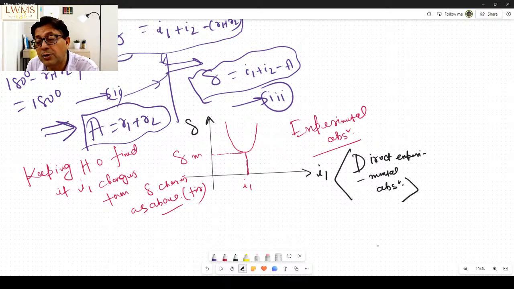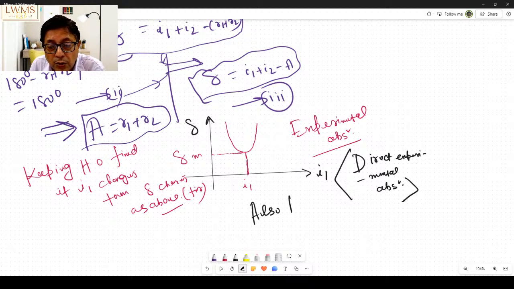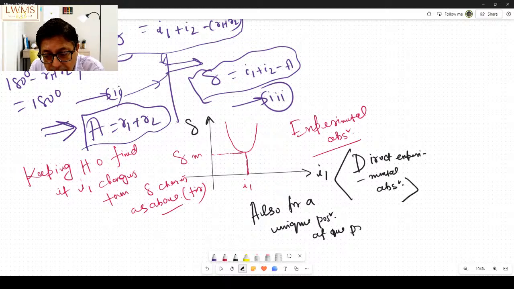Okay, so that is also done from experimental observation. Also, for a unique position of the prism, it is possible.